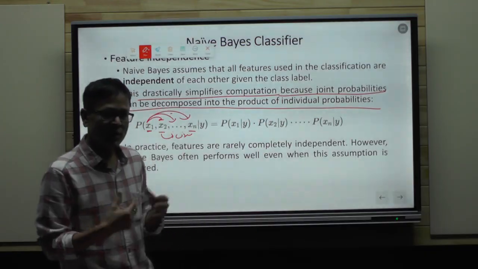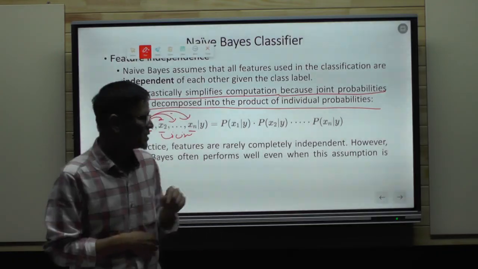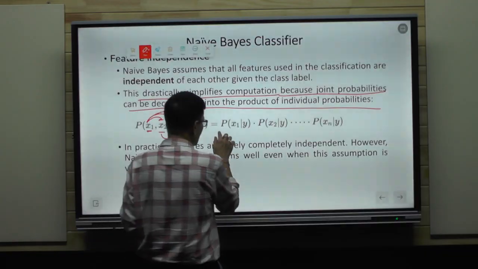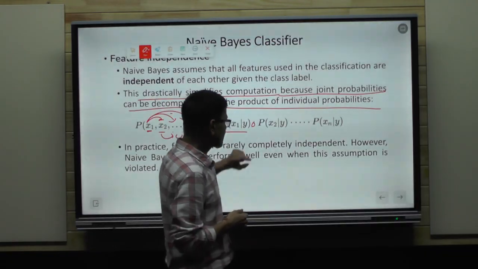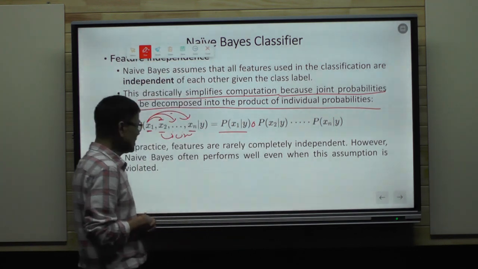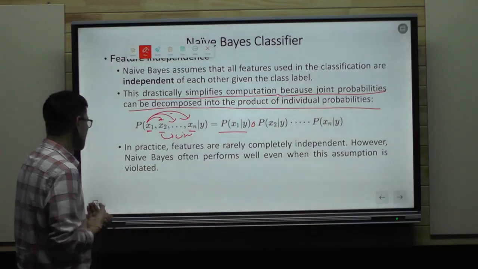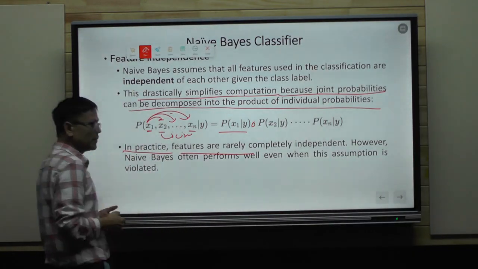The formula for computing the joint probability would otherwise require certain other things which are not needed. You only need the probability of x1 given y, and you calculate the product, and it becomes a simple calculation. In practice, the features are rarely completely independent.